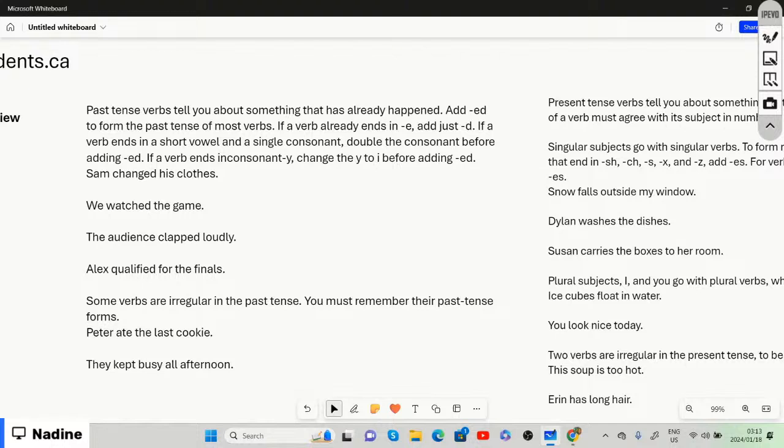You see, that is where we say we either add an ed or you add a d to the specific verb to show the specific tense. And if a verb already ends in e, like we say, we just add a d.